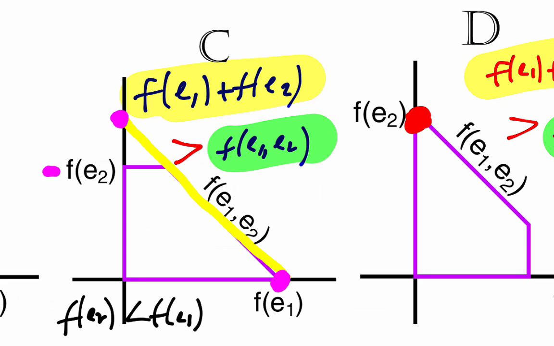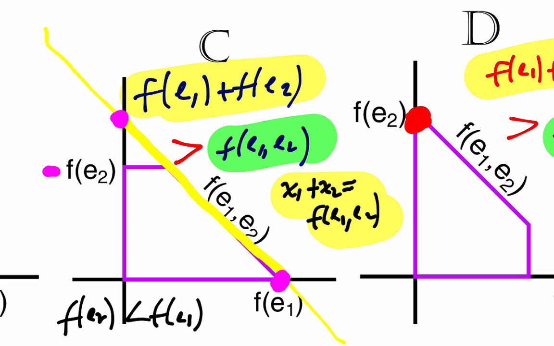Now, on the other hand, that yellow line, remember we're defining the basis. This is x1 plus x2 is equal to f of E1, E2. So I'm going to extend this yellow line here. That basically corresponds precisely to this yellow line, right?